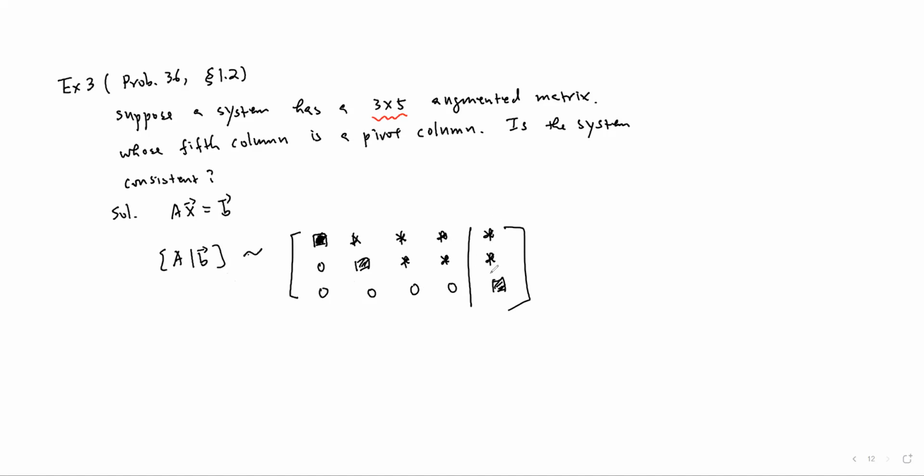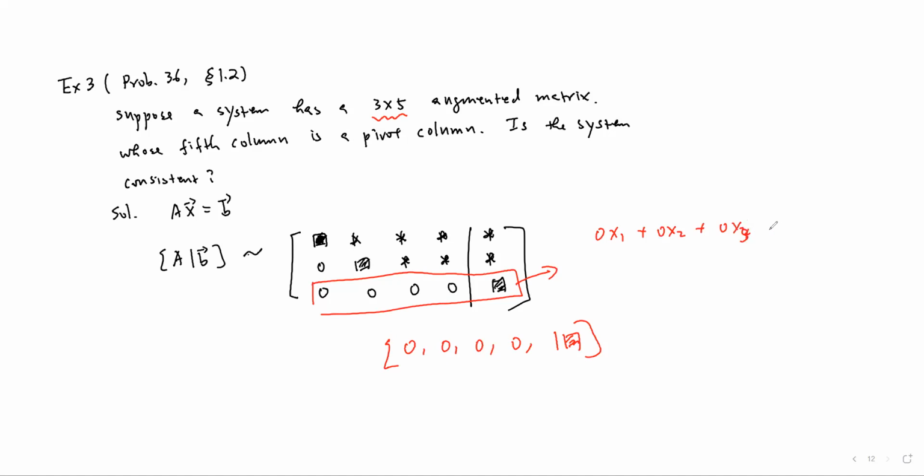The fifth column is a pivot column now. Then does this linear system have a solution or not? No solution, because the bottom non-zero row is of the form 0, 0, 0, 0, non-zero. If you write this row as an equation, you get 0 times x1, 0 times x2, 0 times x3, 0 times x4 is non-zero, impossible, no matter what values for x1, x2, x3, x4.